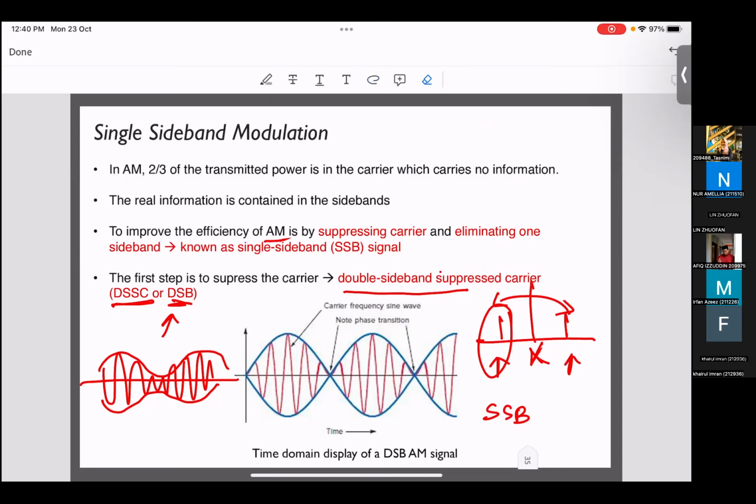Now, when we go back to our time domain display of a DSB AM signal, note here it says to note the phase transition. What does that mean? First you start like this, right? So naturally you would follow this pattern, but here it's not following the pattern, it's flipping it.